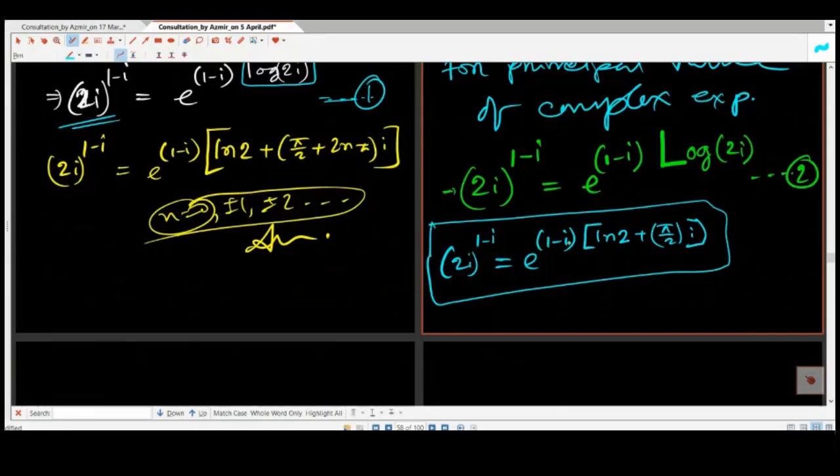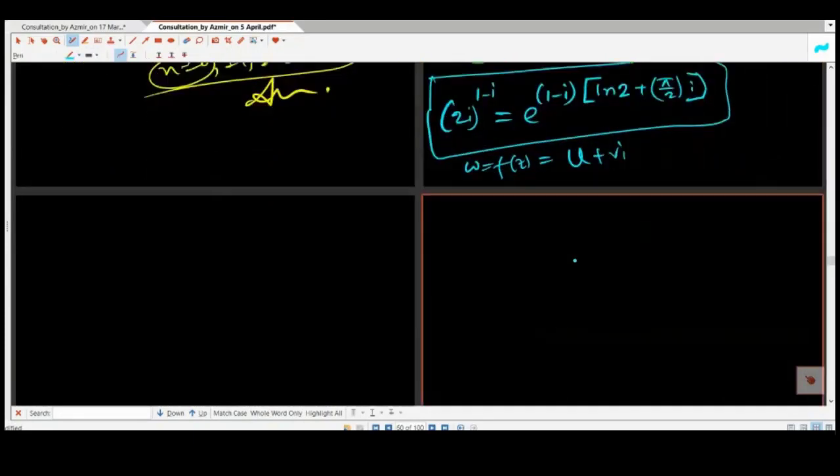Now, if we want, we can also find the numerical value, because any complex function w equals f of z can be written in u plus vi form. For this problem, let's find the numerical value. Then it will be easier for you to understand.